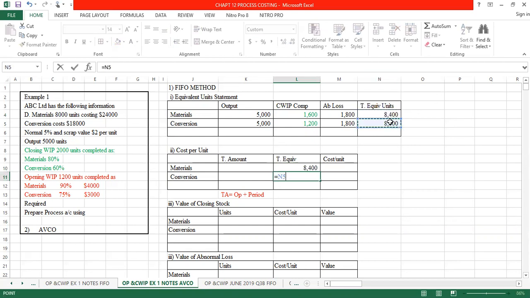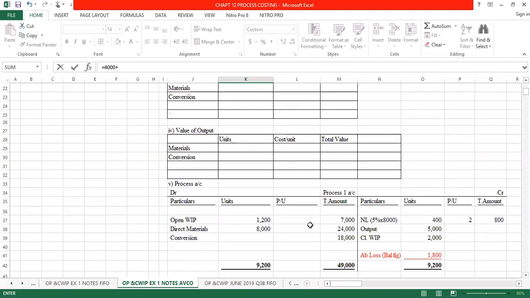Equivalent units, 8,400. So for the total amount, this is where there is a difference between AVCO and FIFO. Total amount is opening plus period. So look at what I'm doing. Opening is 4,000, plus the period costs, minus, of course, the normal loss.